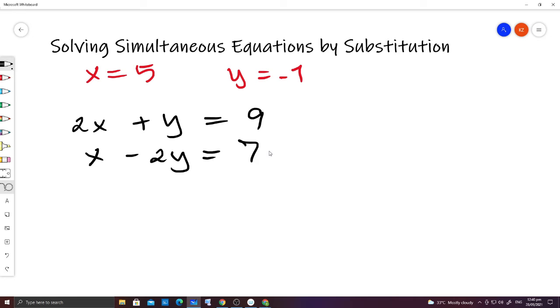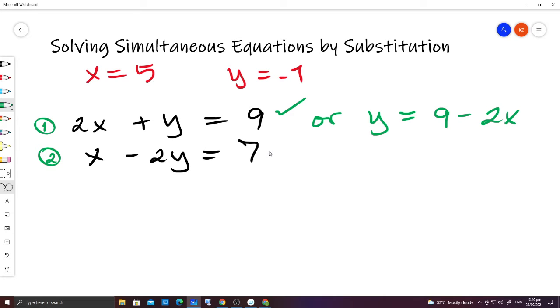So by the substitution method, first step, you will decide which of these equations you will rearrange, equation 1 or equation 2. Now, for example, I choose equation 1, to become y equals 9 minus 2x, because I can move it here so that I can have y equals 9 minus 2x.